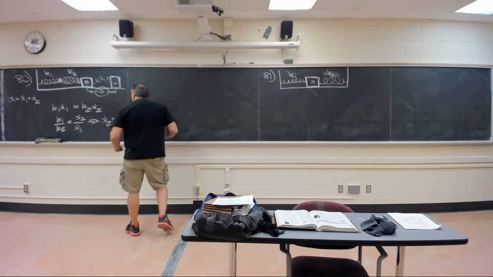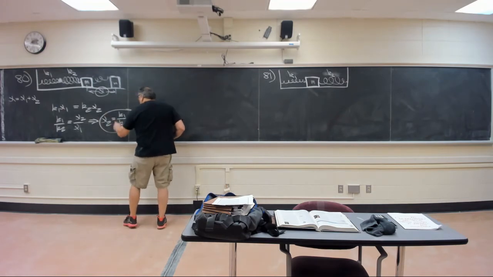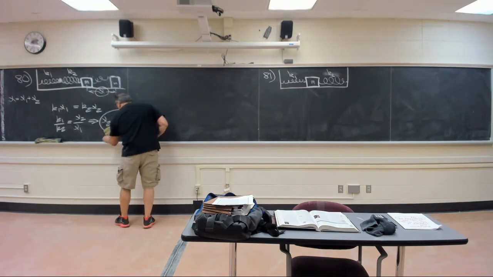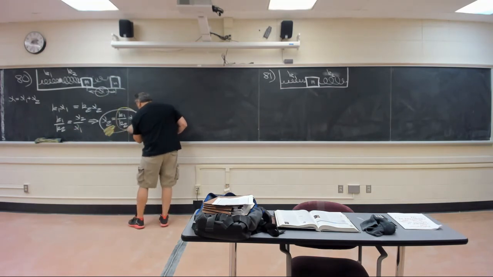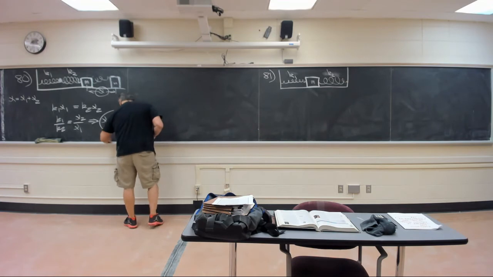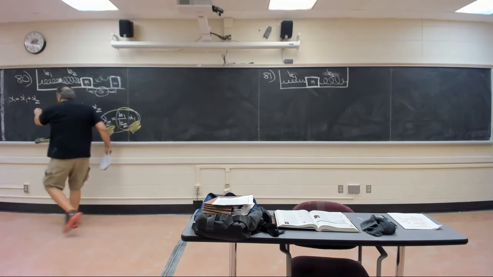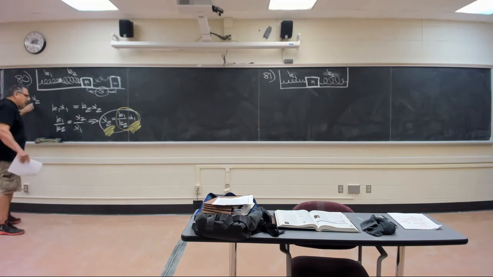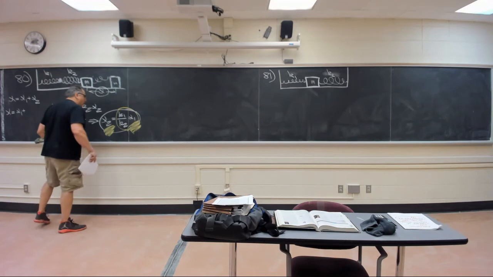True. Therefore, if x2 is this, why don't you put it right here? x equals x1 plus x2, and x2 is K1 over K2 times x1.